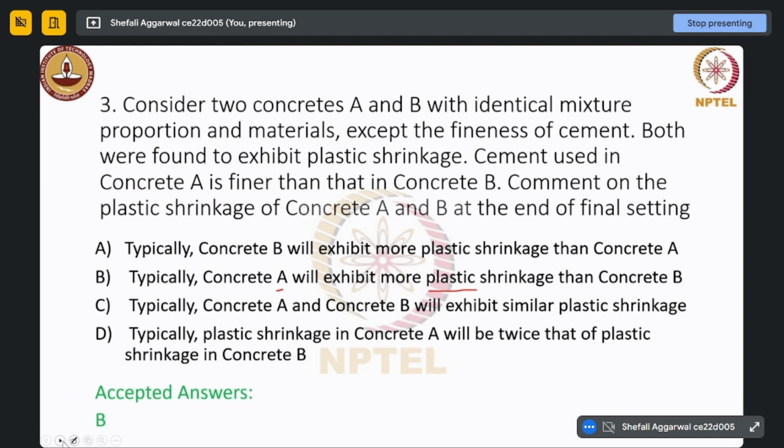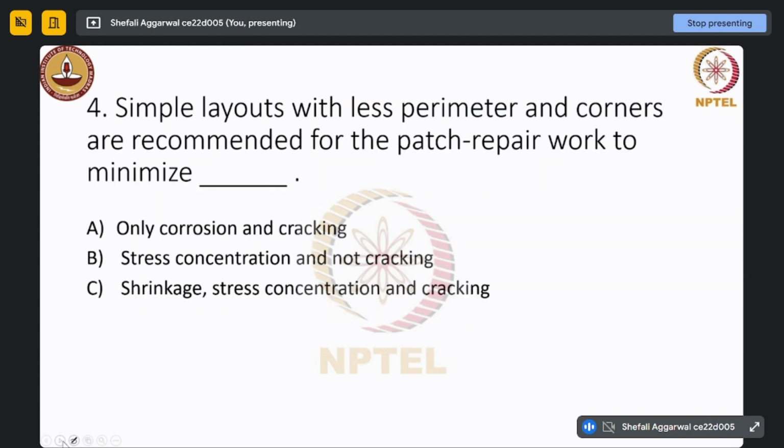Understood, ma'am. Okay, next question. For the patch repair, we prefer simple layouts with fewer parameters and corners. Why? To minimize corrosion and cracking, to minimize stress concentration, or to minimize shrinkage, stress concentration, and cracking.